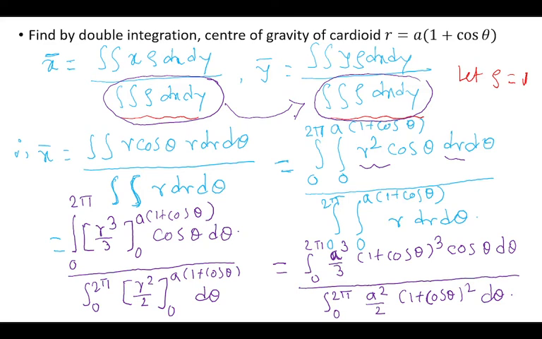That may work in y bar, because there it is y rho dx dy, and y is r sine theta, so substitution works there. But in x bar we can't do this. Instead, we can expand the cube of the bracket, multiply cos theta inside, and then integrate. Similarly, we have to square the bracket in the denominator.